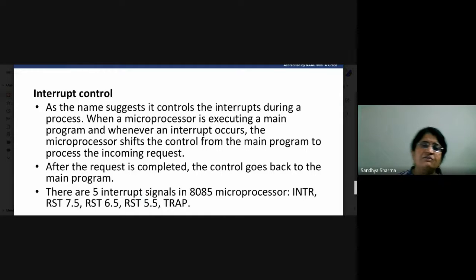Then the microprocessor automatically shifts back to the main program and starts running it. After the request is completed, control goes back to the main program. That is the interrupt process.